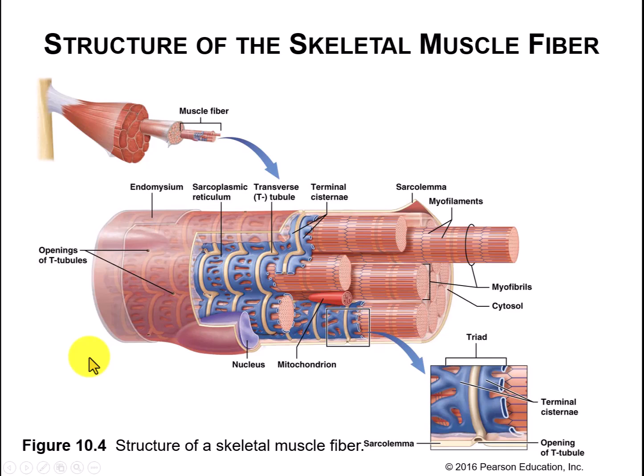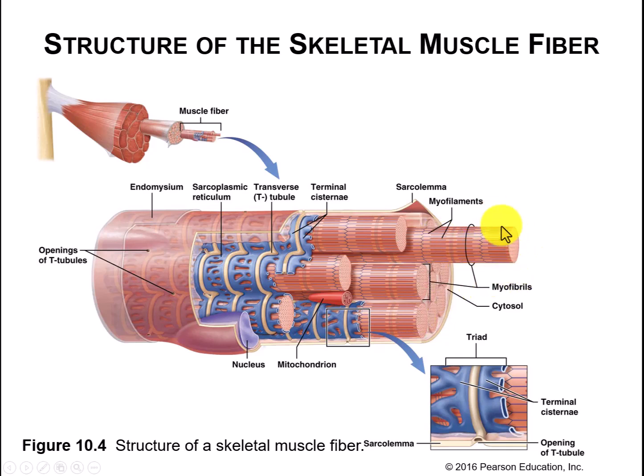And so here is the basic makeup of a skeletal muscle fiber. You can see that the structure of a muscle is actually a bundle within a bundle within a bundle. In an upcoming diagram, we'll look at these different bundles. But the muscle fiber itself is the innermost bundle, and it is made up of our myofibrils.